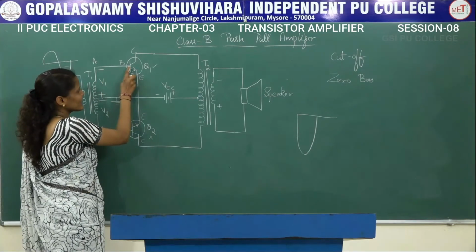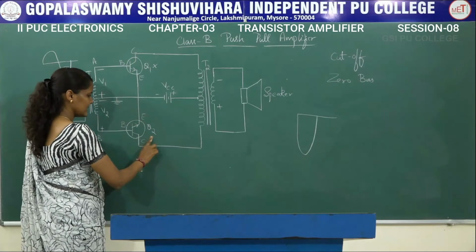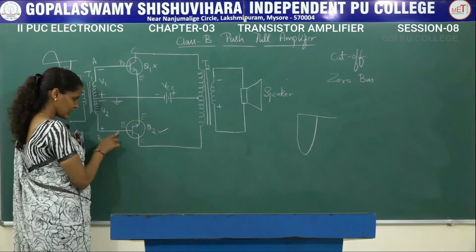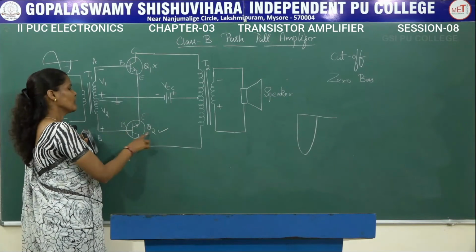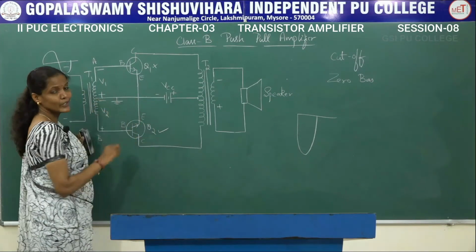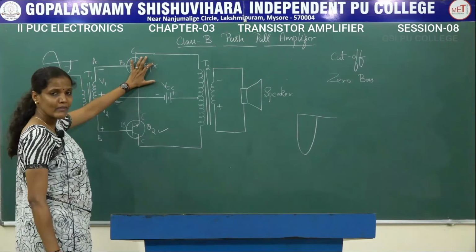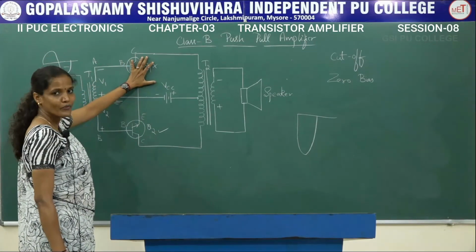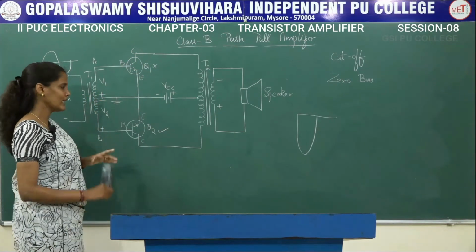Since this negative polarity is connected to base, this will not conduct, whereas this Q2 will conduct, because for the base the positive polarity is connected. So Q2 will conduct whereas Q1 will not conduct. So for the negative half cycle Q1 will be in the off state, whereas Q2 will be conducting.